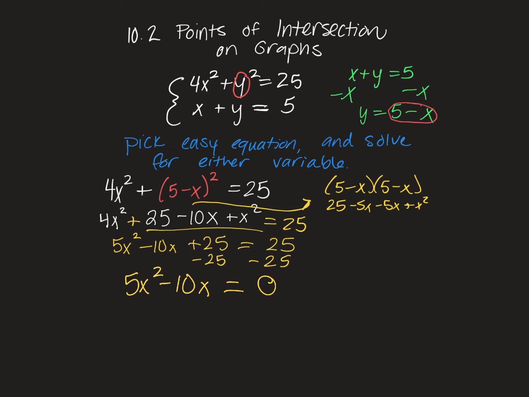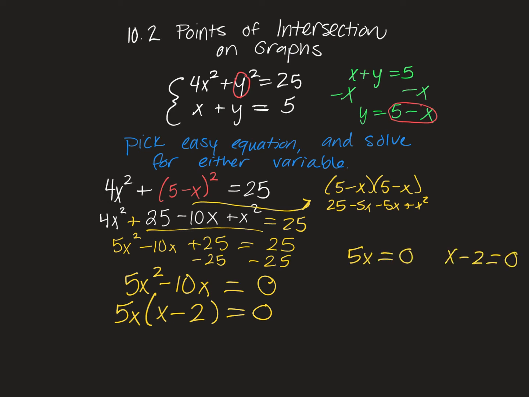So I can very easily factor that left side. I'm going to pull out a 5x, which leaves me with x minus 2. Then, just like with any other factoring, we set each factor equal to 0 to solve.